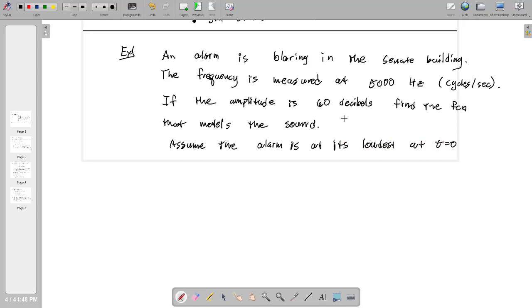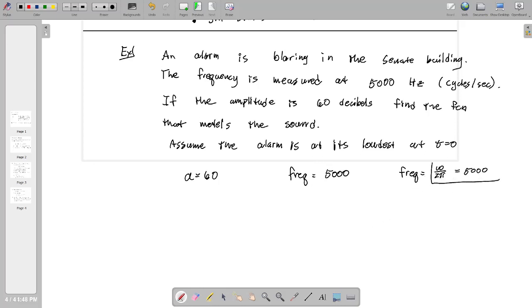We also already know what the amplitude is. The amplitude is 60. So A is equal to 60. And we know what the frequency is. Frequency is equal to 5,000. So we need to figure out what omega is. And that's not so bad when we know what the frequency is. If we remember that the frequency is equal to omega divided by 2 pi, and we know that the frequency is 5,000, then we have this.